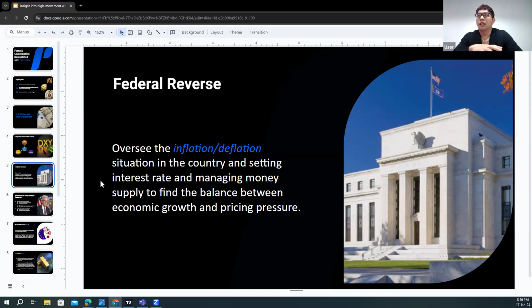This central bank, they will try to tackle the inflation, or even when deflation hits. This is what they do. They will manipulate the interest rate level. They'll manipulate the short-term loan rate, or they call it the Fed rate, so that other interest rates will follow this benchmark rate.